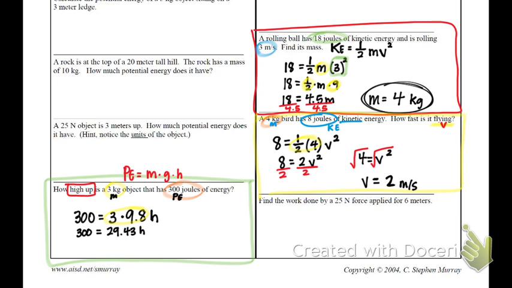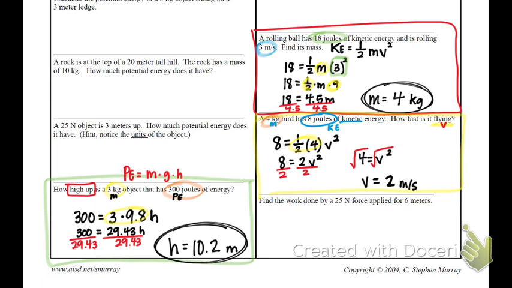And then to get H alone, divide that. What unit do we need for height? Meters. Okay.